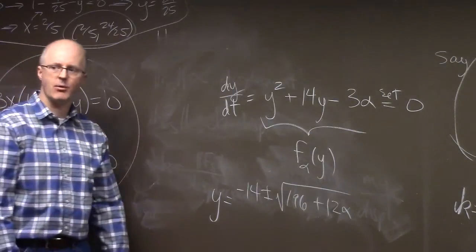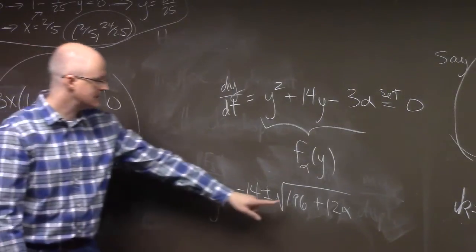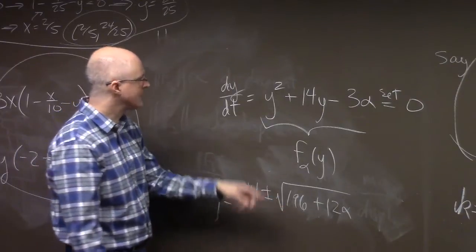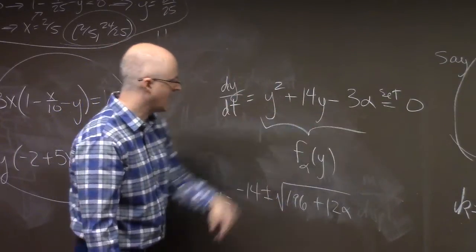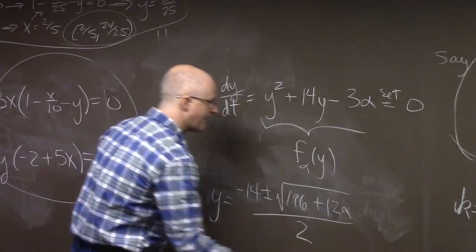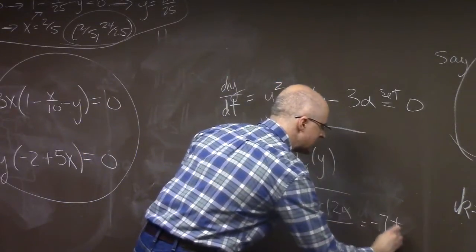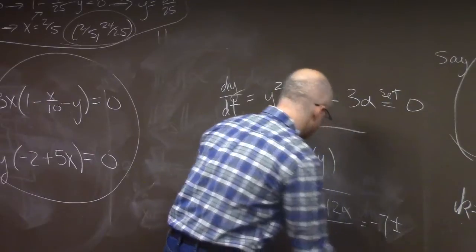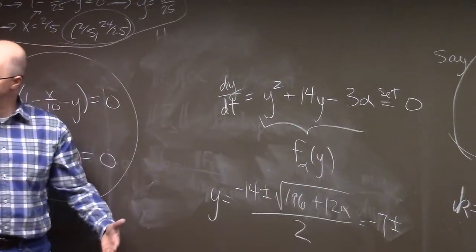B squared minus 4ac. B squared is 14 squared. Minus 4 times 1 times negative 3 alpha is plus 12 alpha, over 2a. This gives you the formulas for the equilibrium points in terms of alpha, as functions of alpha.